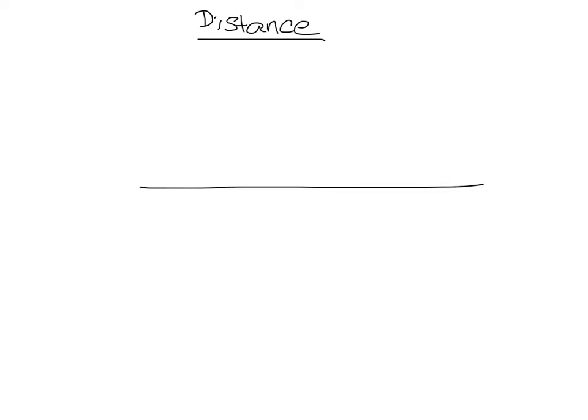So let's say we have a number line, and let's just number it -4, -3, -2, -1, 0, 1, 2, 3. Alright, so we have our number line here, and let's say we have one point that's right here. Let's call that A, and another point over here.